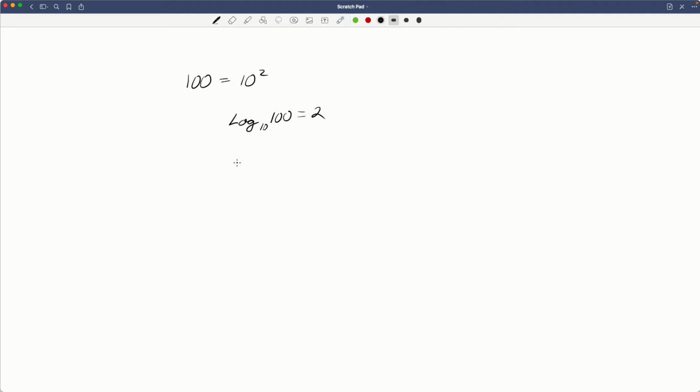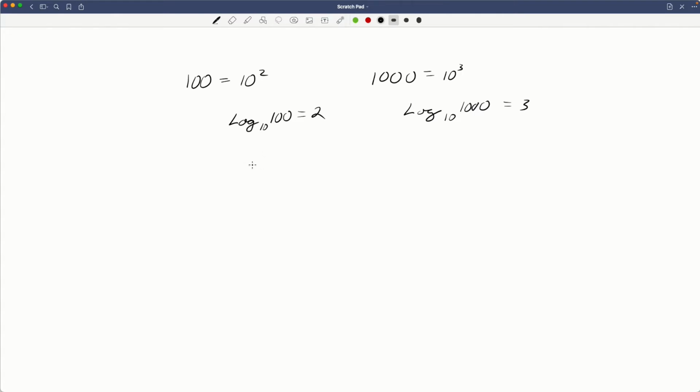And we know that 1,000 is 10 cubed. So the log of 1,000 to the base 10 would be 3, right?